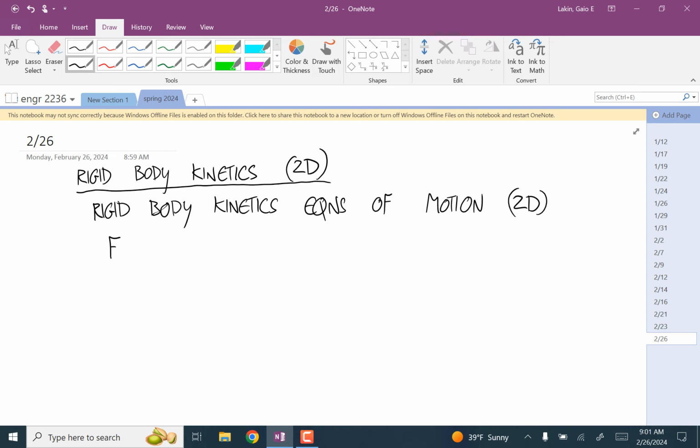And it's going to be F net is equal to mass times the acceleration of the center of mass.